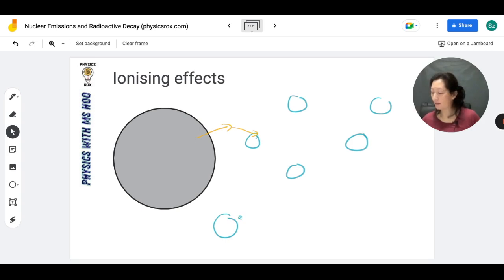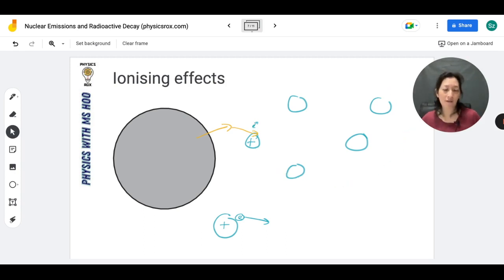So if the atom loses an electron, basically it has now an unbalanced charge and this becomes a positively charged ion. So that's how an ion could be formed. When an electron is knocked out physically, this now becomes a positively charged ion. So now you have a pair of ions, one positively charged nucleus and an electron. So ionizing effect in this case refers to the ability of the radioisotopes to create a lot of ions. The greater the ionizing effect, the more ions that it can form.